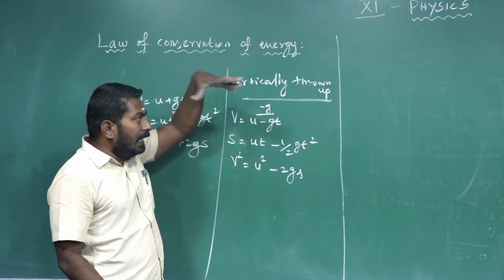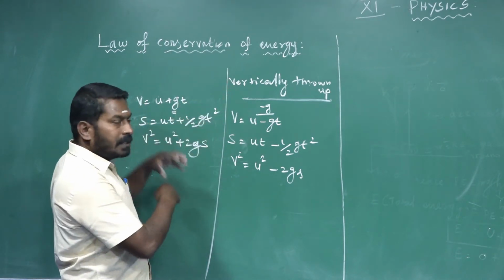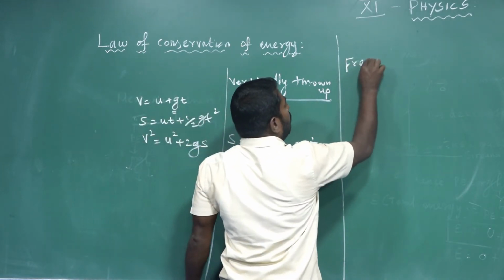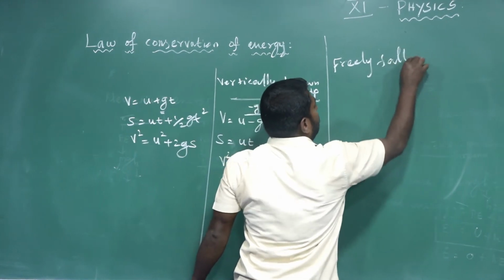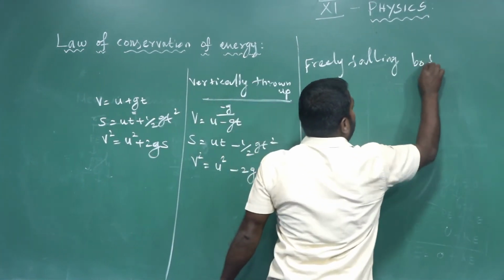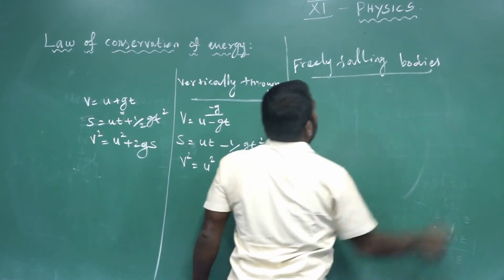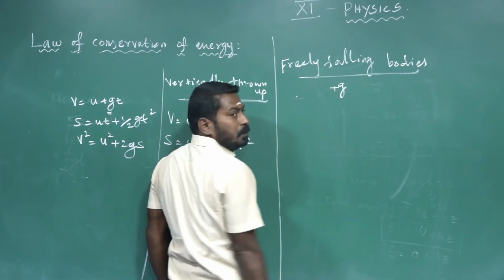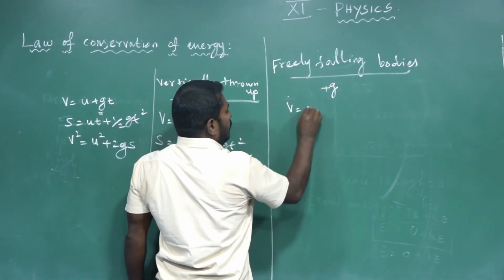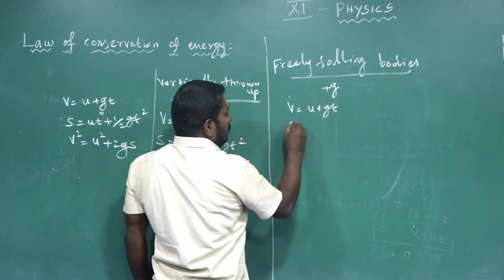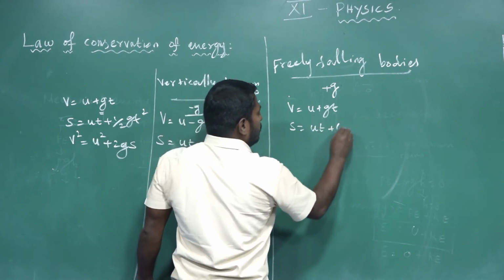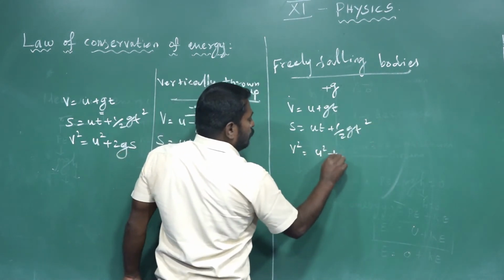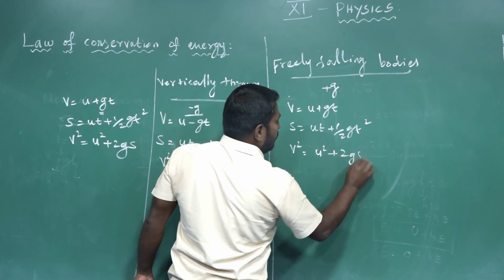Then, if you have a freely falling body, how can these three equations be modified? Here, for freely falling bodies, the G value is taken as positive. V is equal to U plus GT. S is equal to UT plus half GT square. V square is equal to U square plus 2GS.